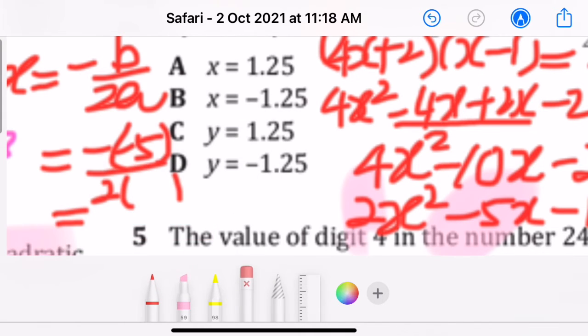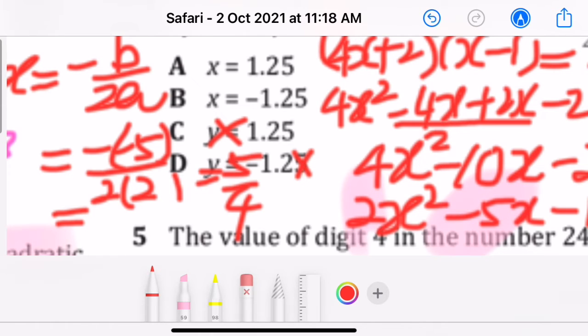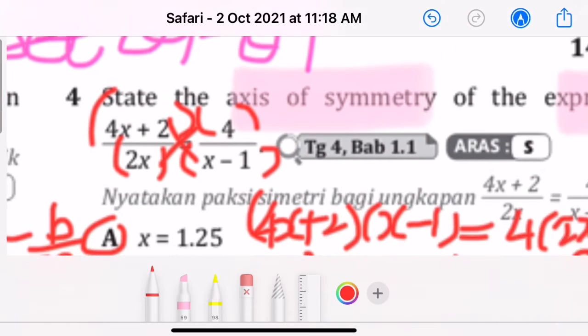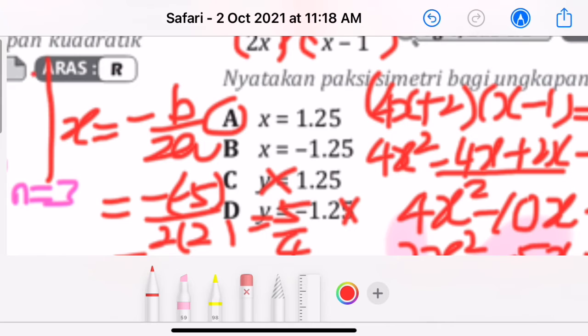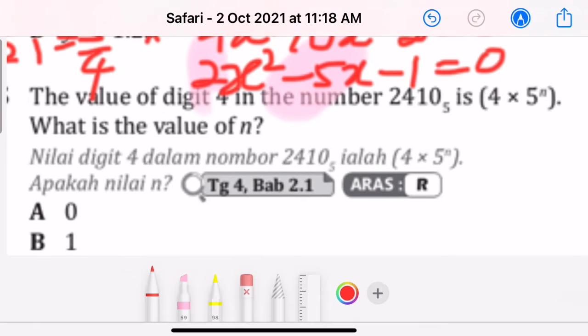It must be x, cannot be y, for axis of symmetry. Positive 1.25, right? So axis of symmetry always uses this formula. Remember this formula? Shortcut. Either you find the midpoint with the two x-intercepts, or you use x equal to negative b over 2a. So the answer is A.